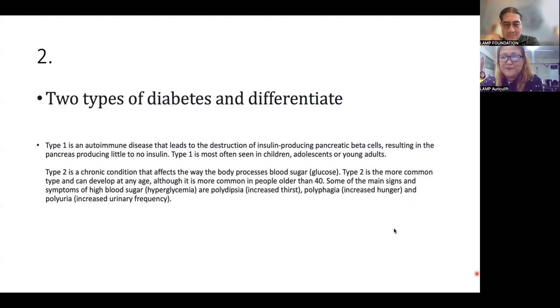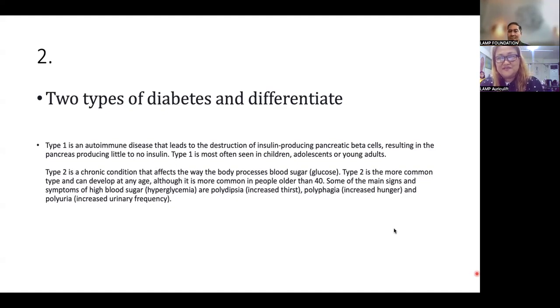In type 1, mas mabilis nalalaman ang pagiging diabetes because of family history. Ang type 2 is developing slowly. Can you develop type 1 even if you're already 40? Or you develop it much, much earlier?